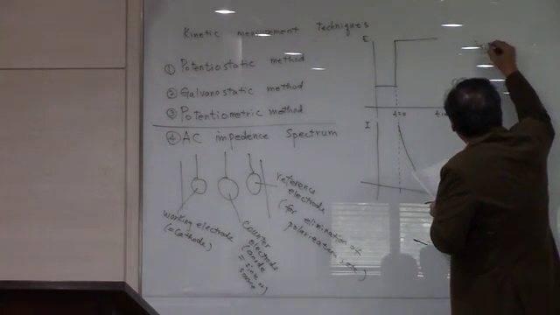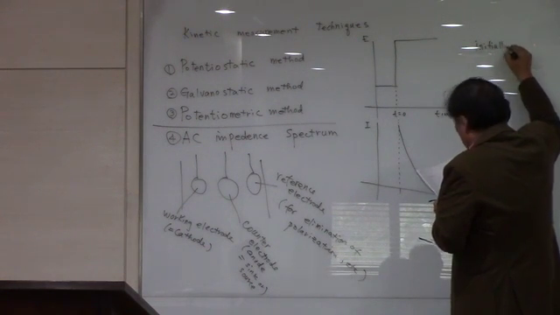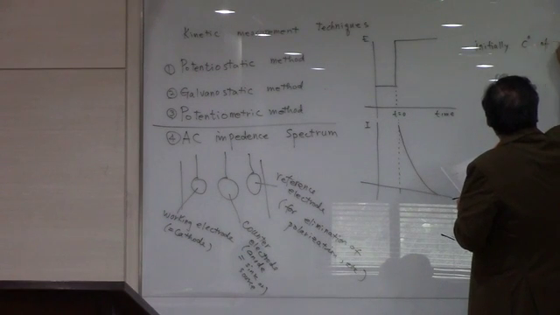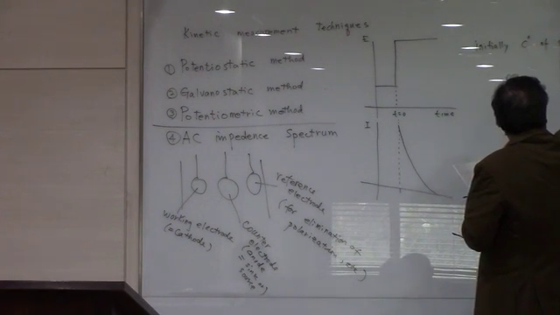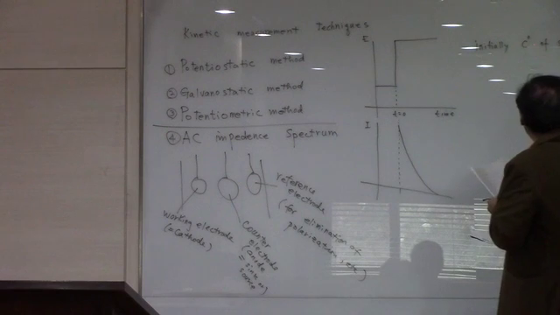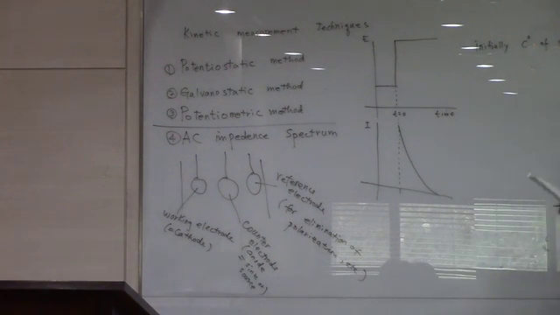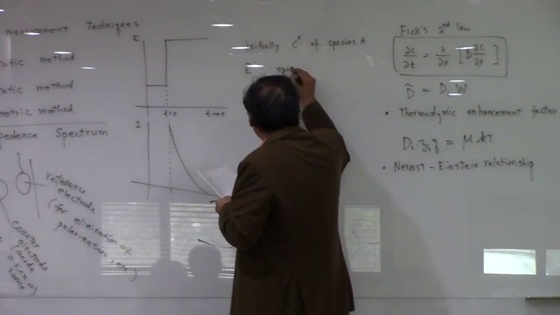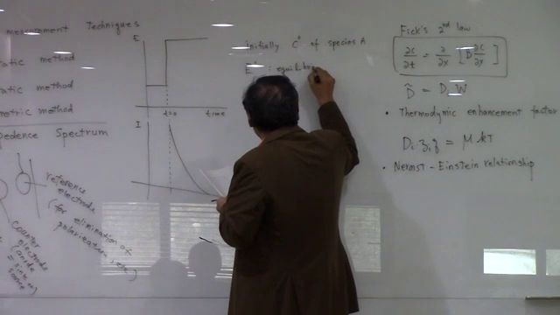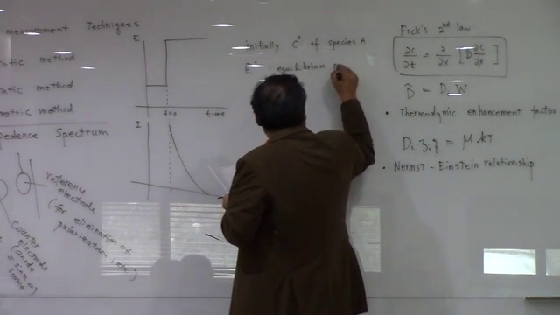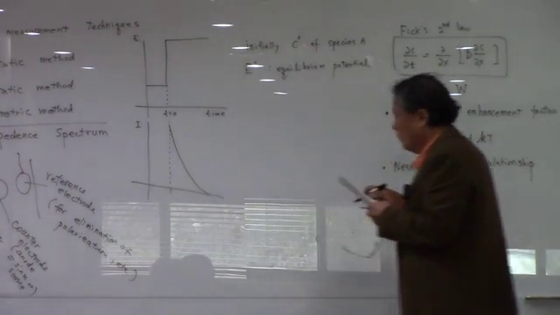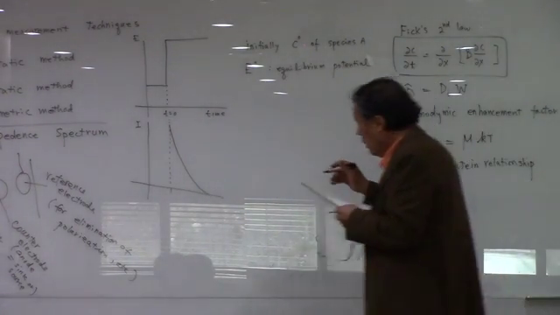So initially, C naught of species A, the electroactive species, is the concentration, and E naught is the equilibrium potential, before we are doing anything, okay?